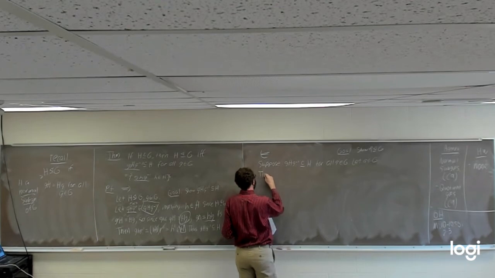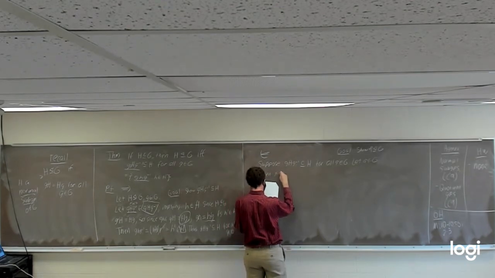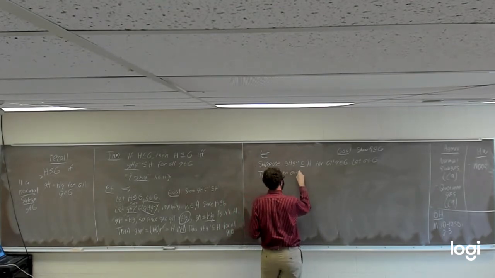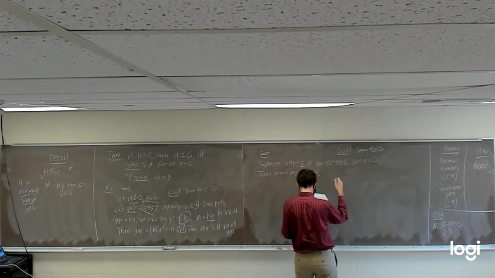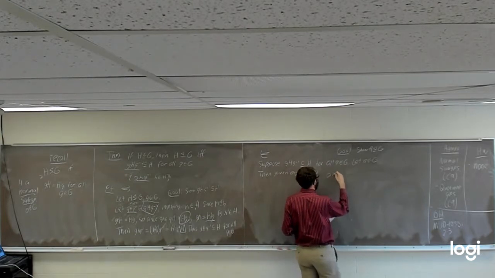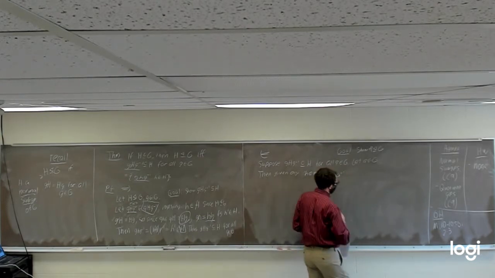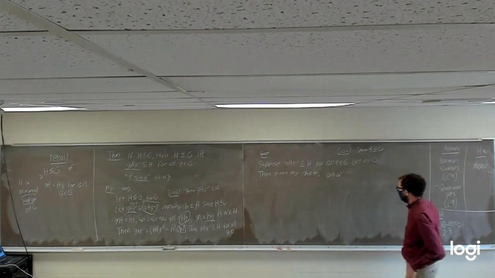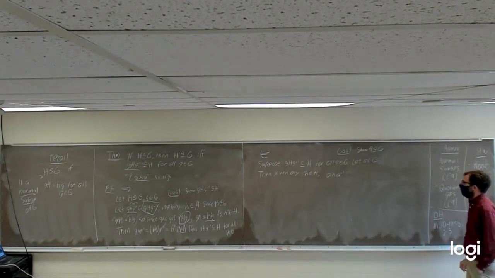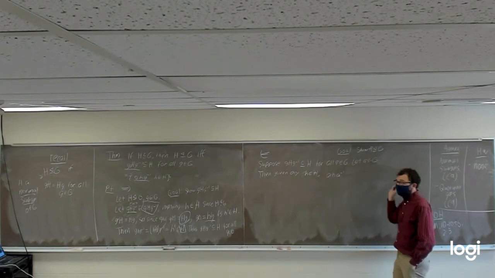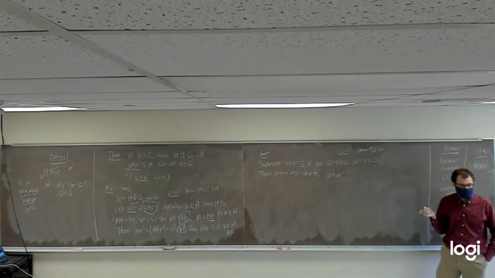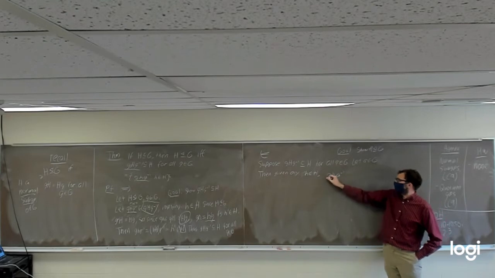Then I claim, given any h in H, what can we say about h a inverse, using our starting assumption? If little h is an element in big H, and a is any element in our group, what can we say about this element here?